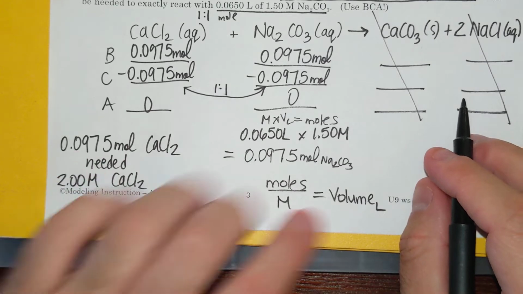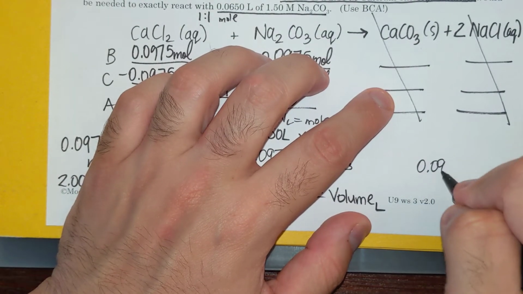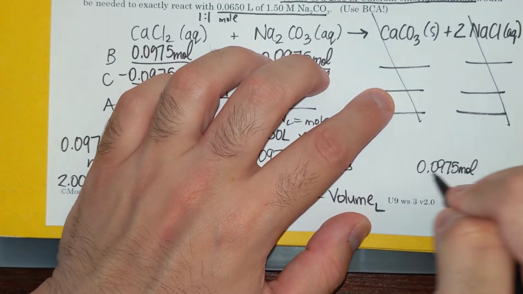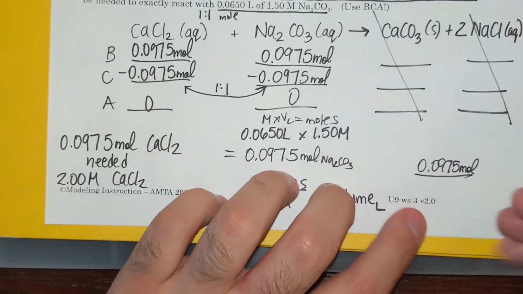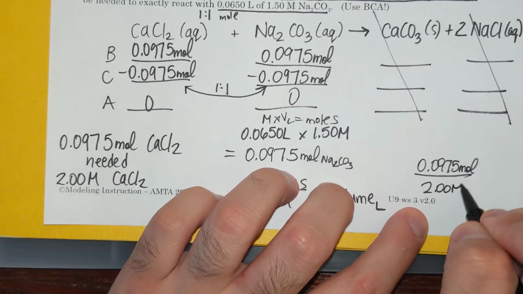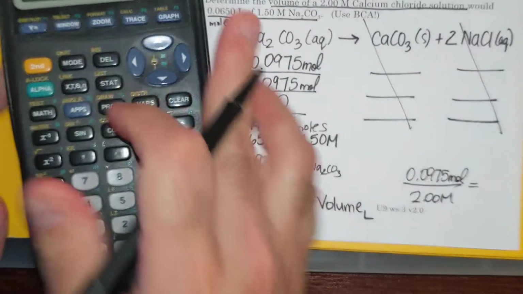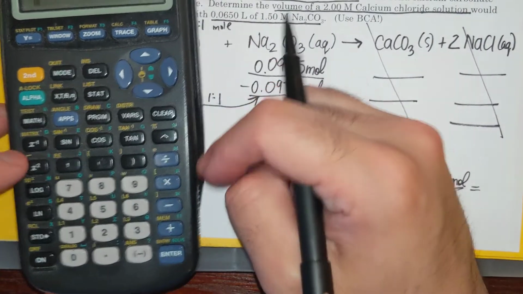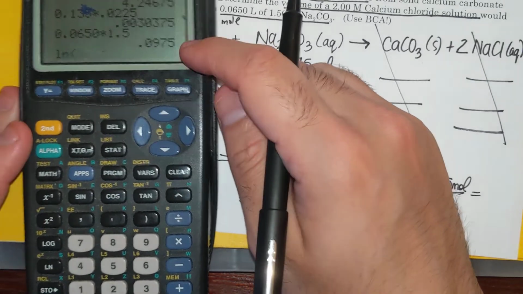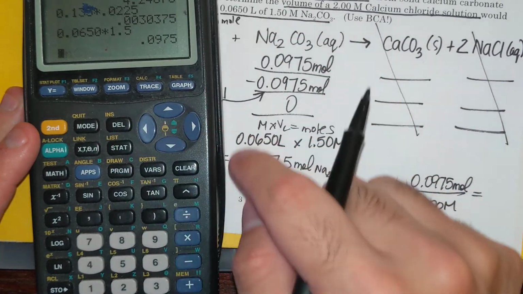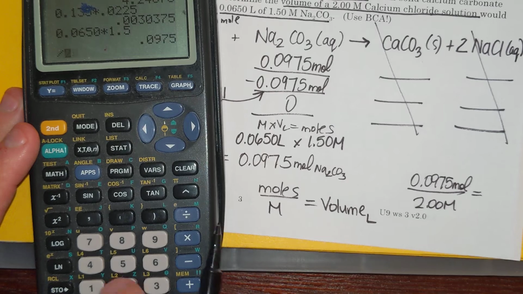So what I'll do is I'll take my moles, 0.0975 moles, and I divide it by my molarity, which is 2. And I should get my volume in liters. So I already have my 0.0975 stuck in the calculator from before. And so what I'm going to do is divide that by 2.